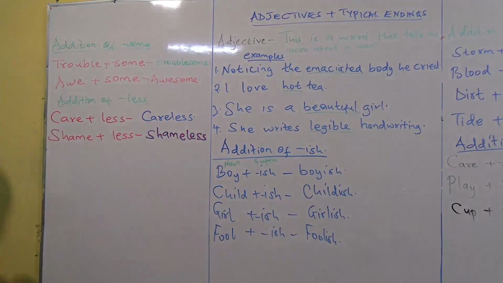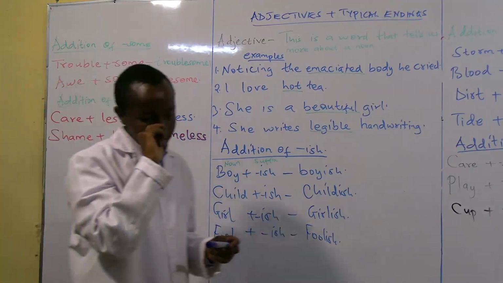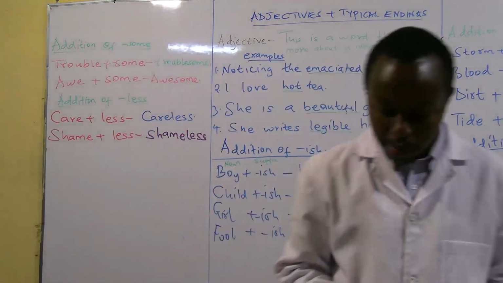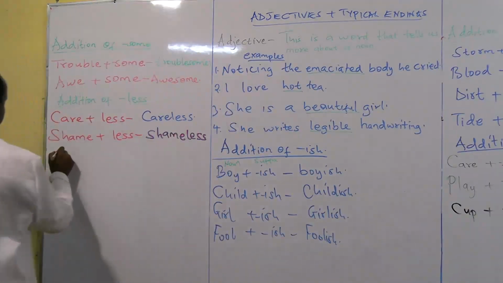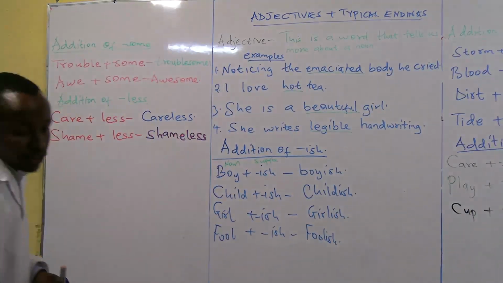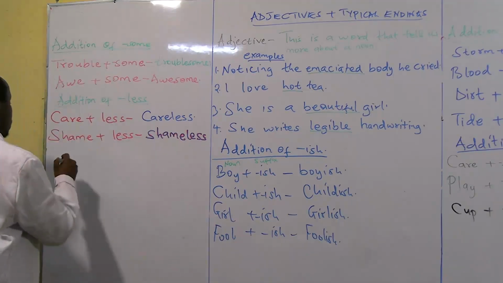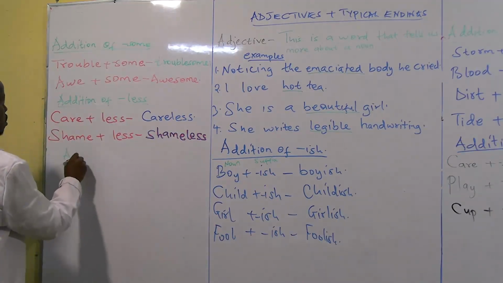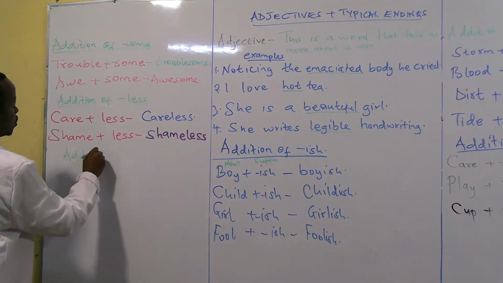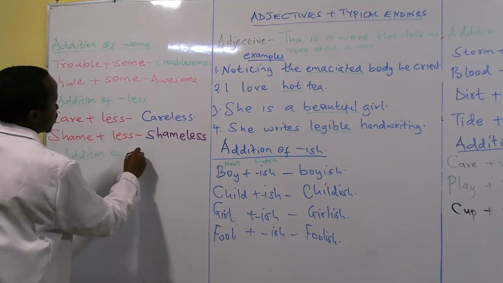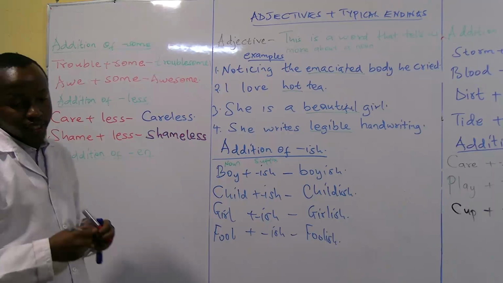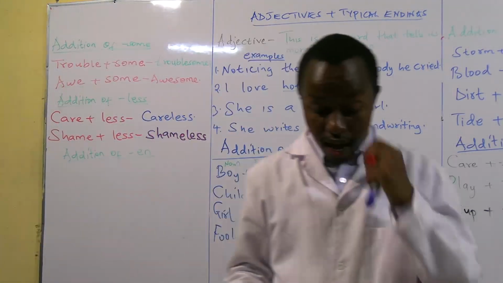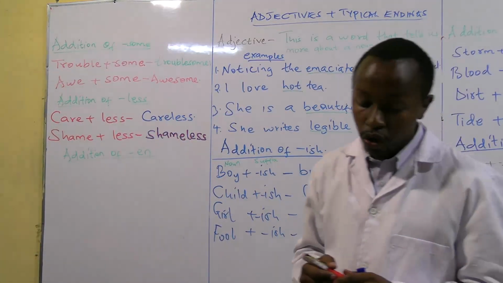We have this other one, typical ending number 6, addition of suffix en. We have gold.